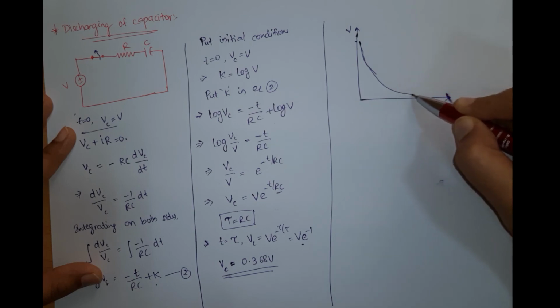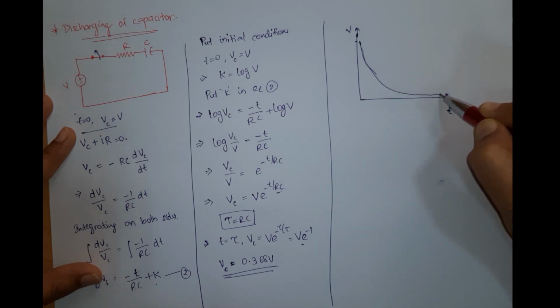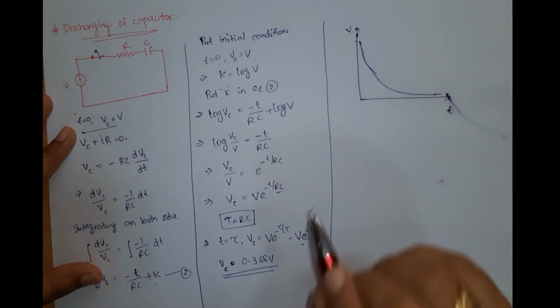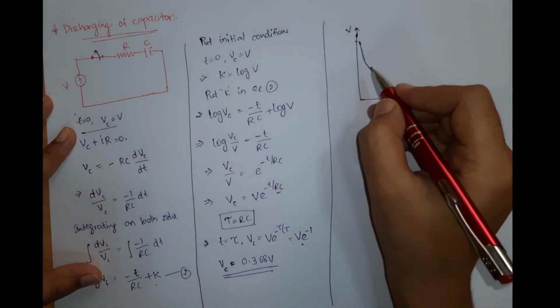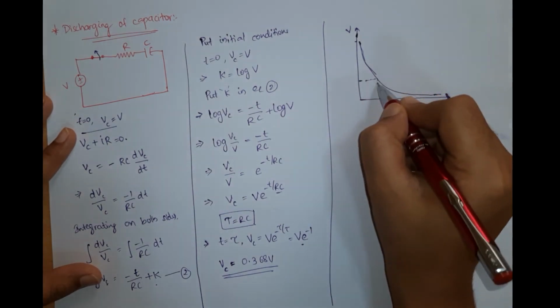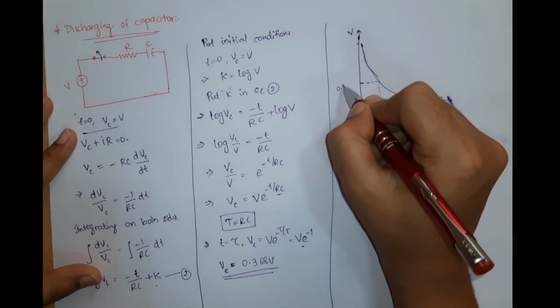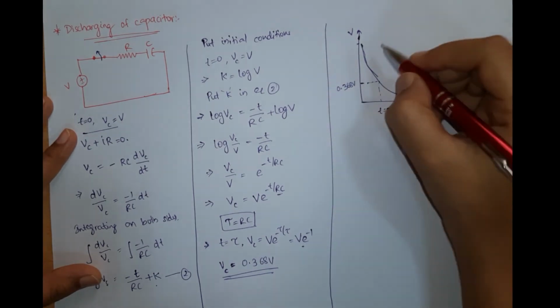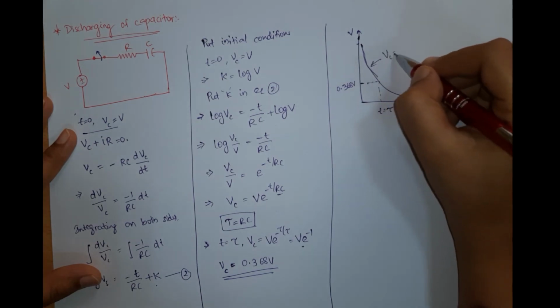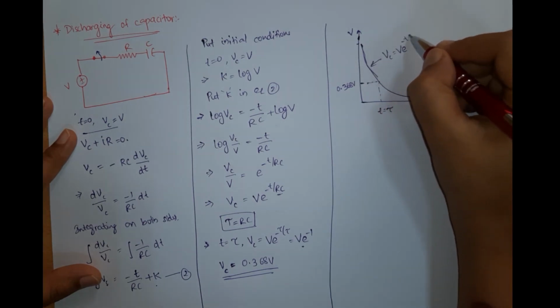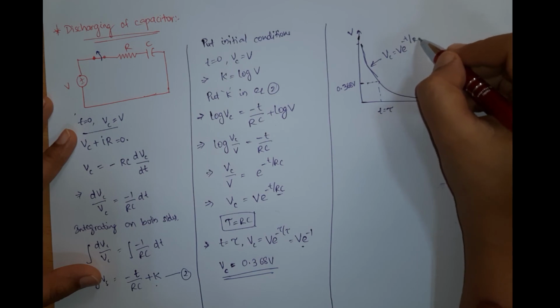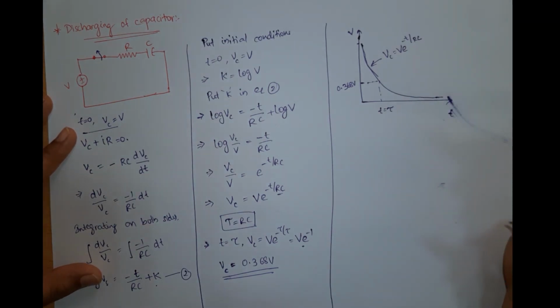If you go on increasing the time, at a particular stage it reaches 0, right? So this is the response of the RC circuit, where at t equals tau it is 0.368 V. This is the response corresponding to Vc, that is V into e power minus t by RC.